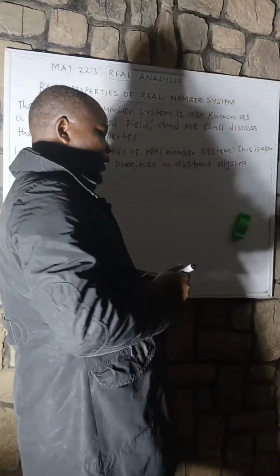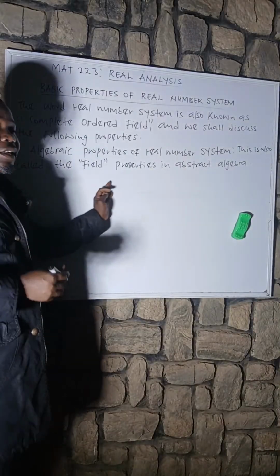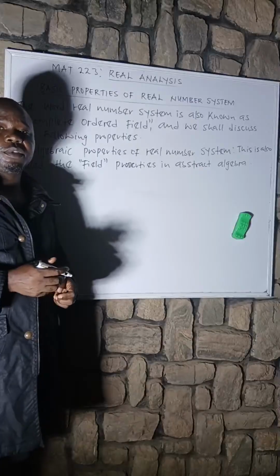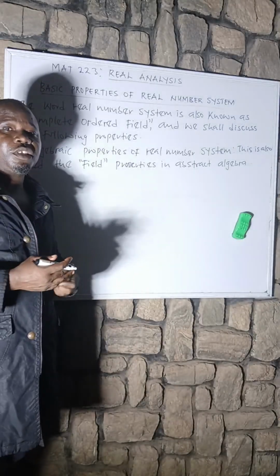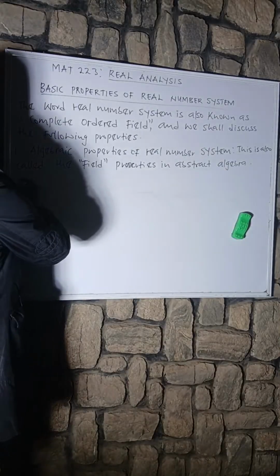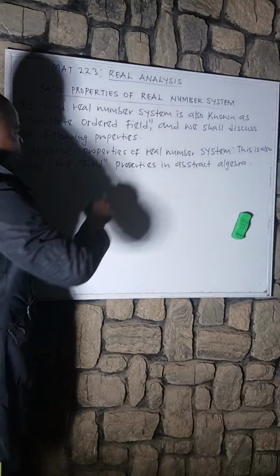One of the binary operations we want to consider is addition properties and multiplication properties. Is that clear? Let's consider one under algebraic properties of the real number system.